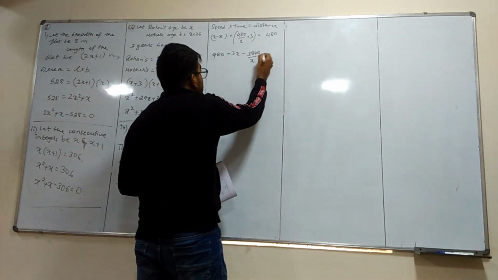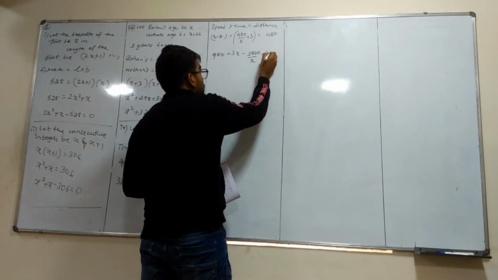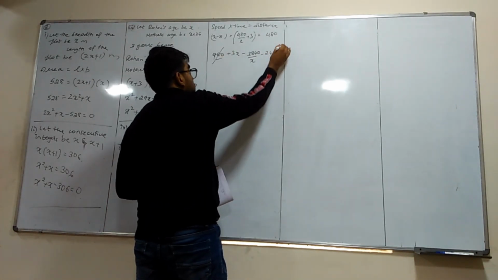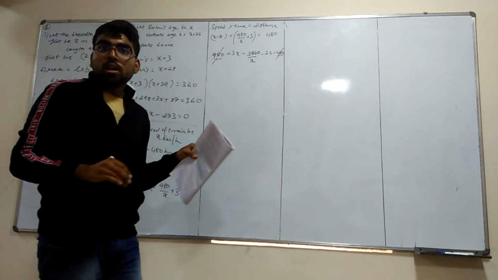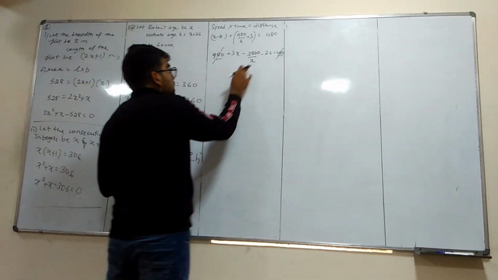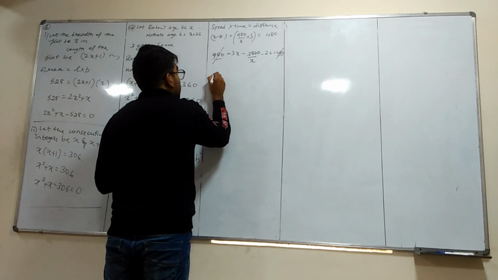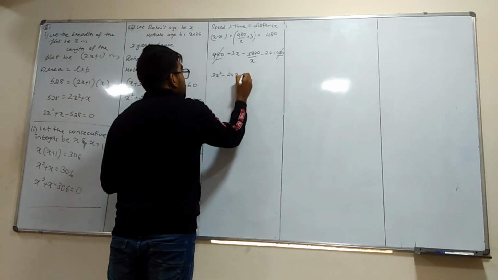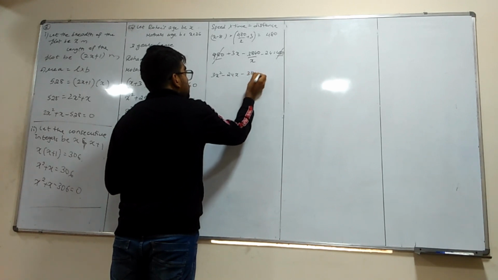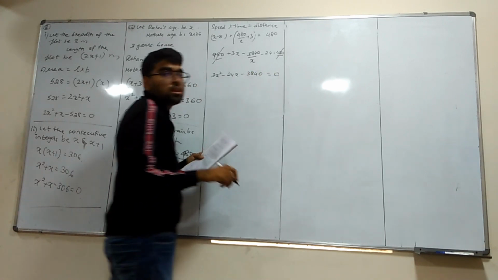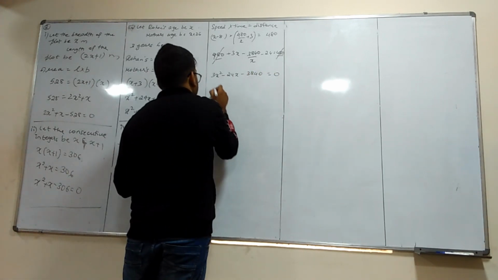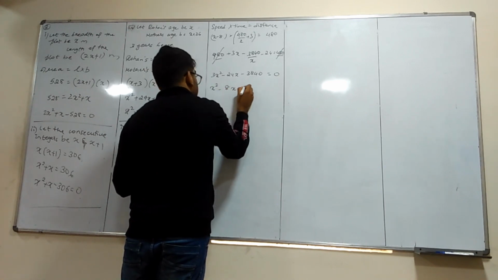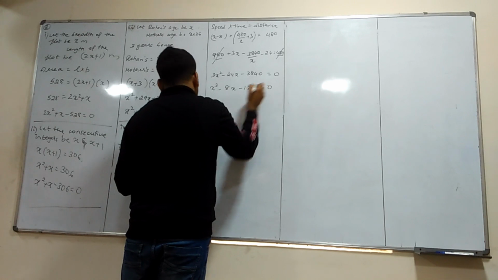So 8 into 3 is minus 24 equals 480. The 480 here and 480 here get cancelled. Then taking LCM, we will be left with 3x square minus 24x minus 3840 equals 0. We can divide the entire expression by 3. We will be left with x square minus 8x minus 1280 equals 0.